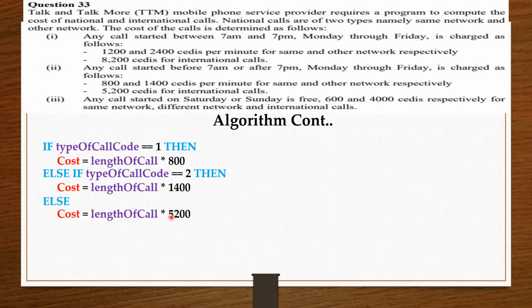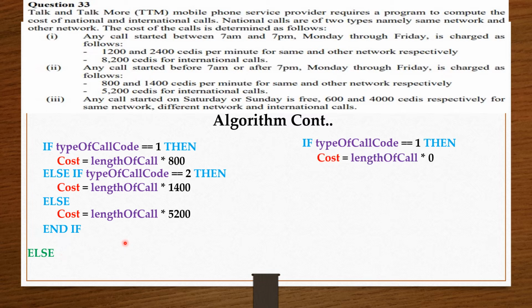We say else. This else goes with the days between Monday through Friday, meaning this time we are dealing with days outside that, which are Saturdays and Sundays. So this else means that outside Monday through Friday, which is Saturdays and Sundays, we compute charges for same network, other networks, and then international calls.